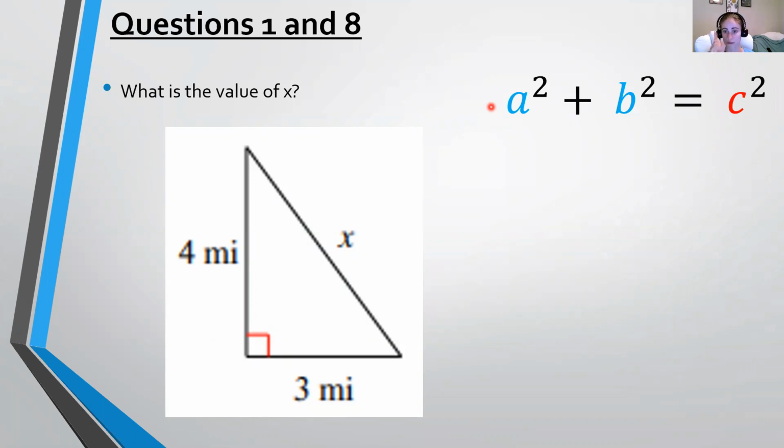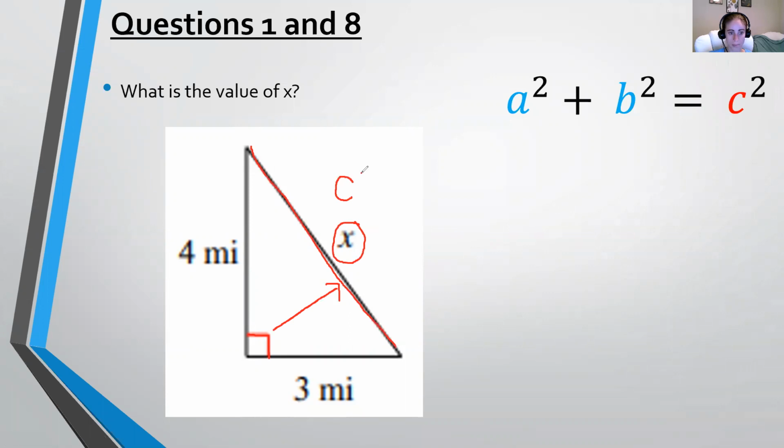Just like before, our first step is to label our three sides so we can know which two are our legs, our A and our B, and which side is our hypotenuse, our C. Well, our hypotenuse is always the side that is across from, so opposite of our right angle. Here we have our right angle, which means if I look straight across, that would be this side, and that is x.